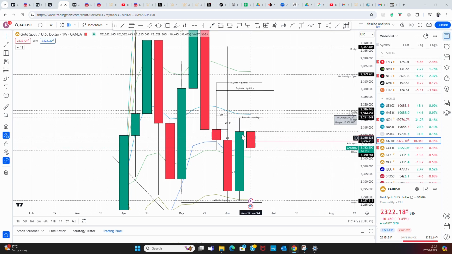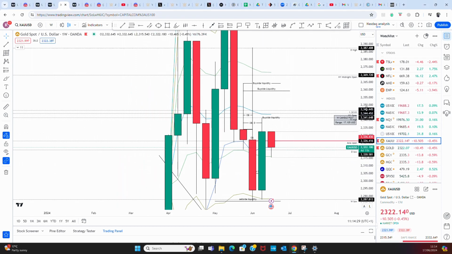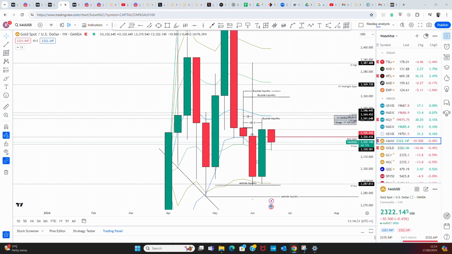Still inside bar, so inside bar we could get a possible break and then tap back in. You can see that happening. So the weekly again is an inside bar from a previous out bar. So whenever we see an out bar, we are ideally looking for continuation in that range.